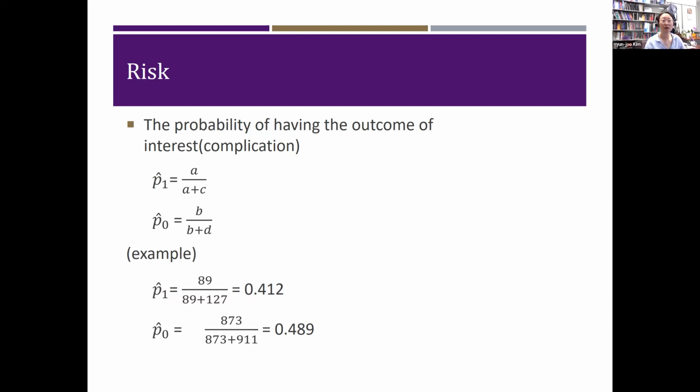The risk itself can be calculated for each group, therapy 1 and 0. The risk of the complication in the therapy 1 group is 89 divided by 89 plus 127, which is 0.412. The risk in the therapy 0 group is 873 divided by 873 plus 911, which is 0.489.